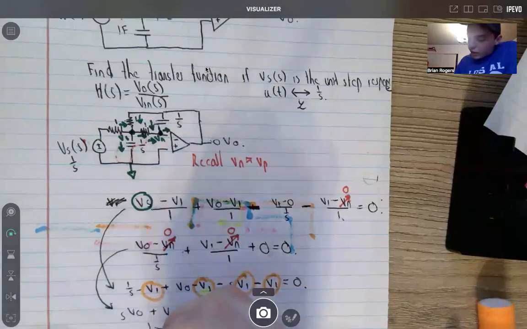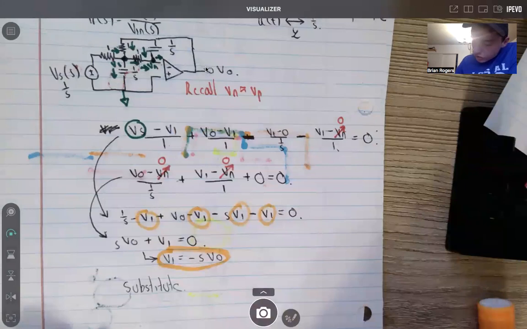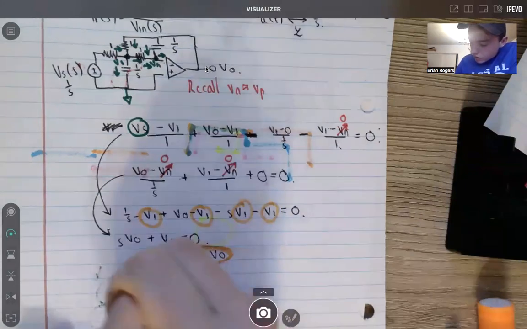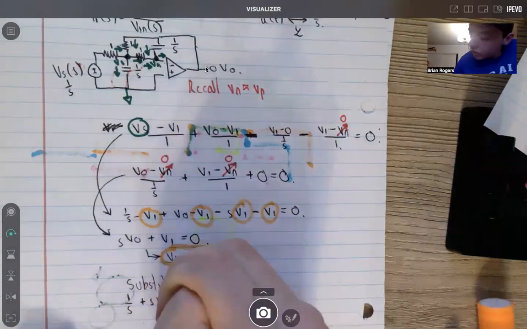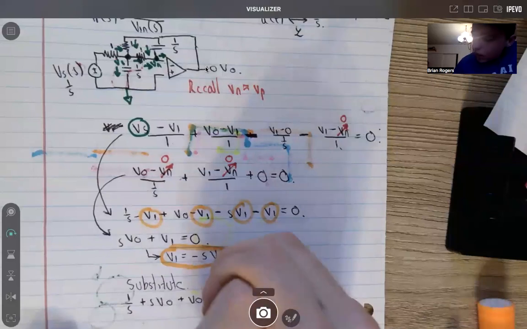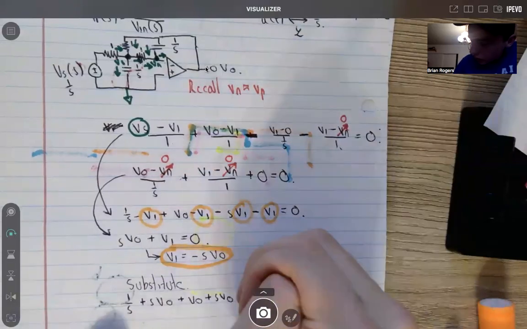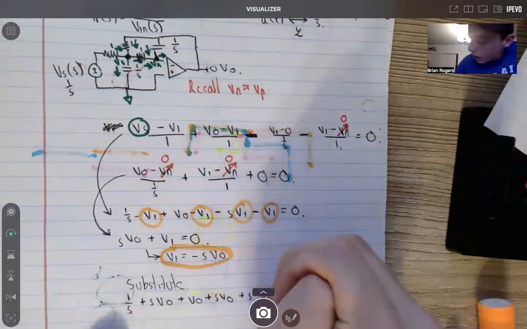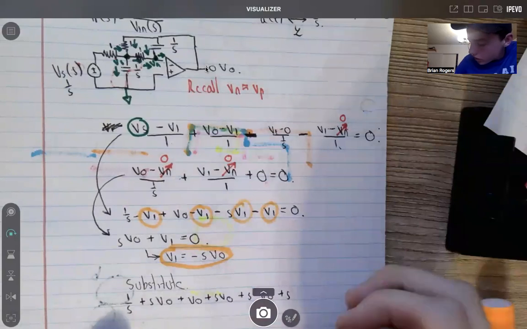Substitution. So if we substitute in there, we're going to have 1 over S, and then minus a negative, that becomes plus S V out, plus V out, and then plus S V out, and then plus S squared V out, and then this one would become plus S V out is equal to 0.